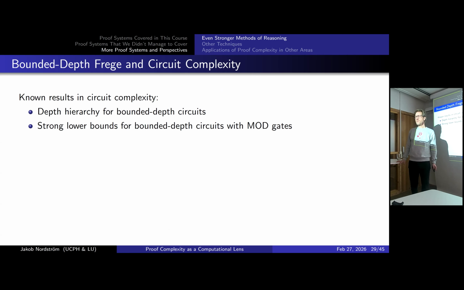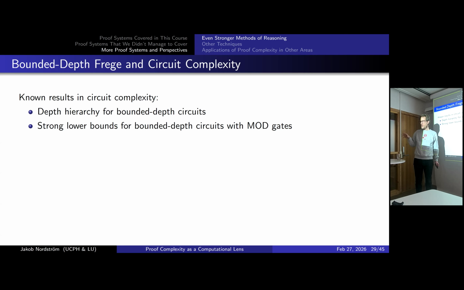Another thing that is relevant to know for bounded depth Frege is that there are moral parallels with circuit complexity. For some proof systems, you can map them to circuit models. Frege talks about general formulas in circuit complexity.